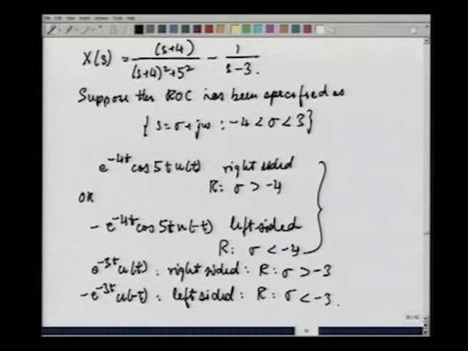That is what you would get. So, these are the two possibilities for the second term.